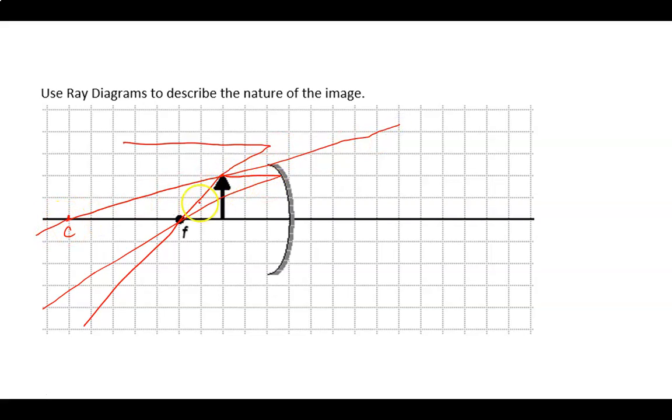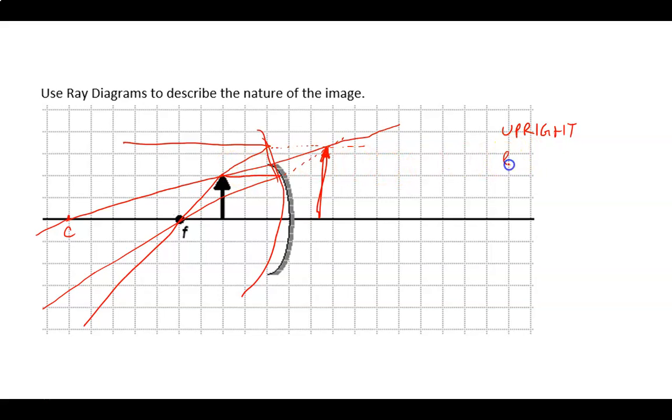Now, these lines don't actually really meet anywhere, but if we were to continue them along, we see that the image where they seem to meet from is right here. Well, that's assuming this mirror actually was a little bit larger. And so what we've got here is an upright image, because it's sitting in the same direction as this one.